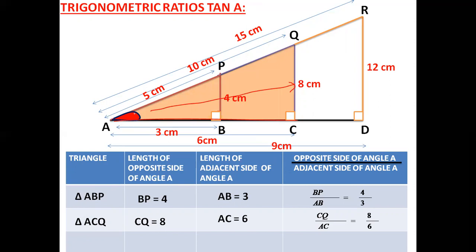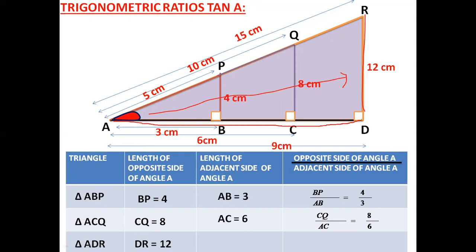Take another right angle triangle, triangle ADR. See the figure. What is the opposite side to the angle A? That is DR, so DR is equal to 12 centimeters.